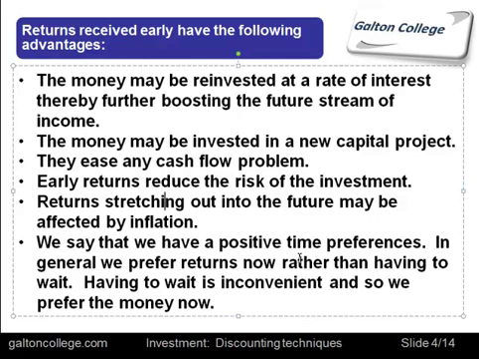We prefer returns now, not in the future, but now. So in order to get us to save, we must be compensated to overcome our positive time preference. So in order to get us to save, the banks give us a rate of interest to encourage us to save, to overcome our time preference. So we don't like waiting. That's the point.